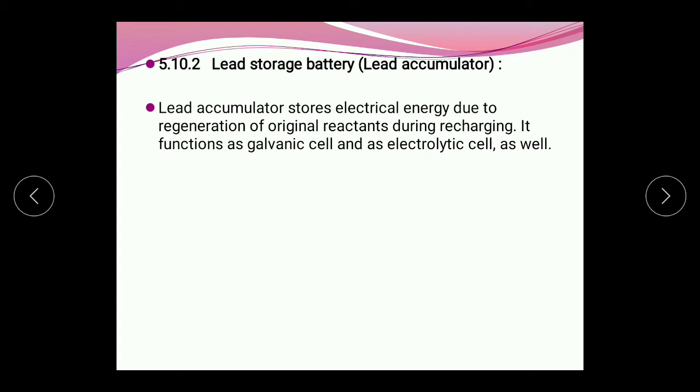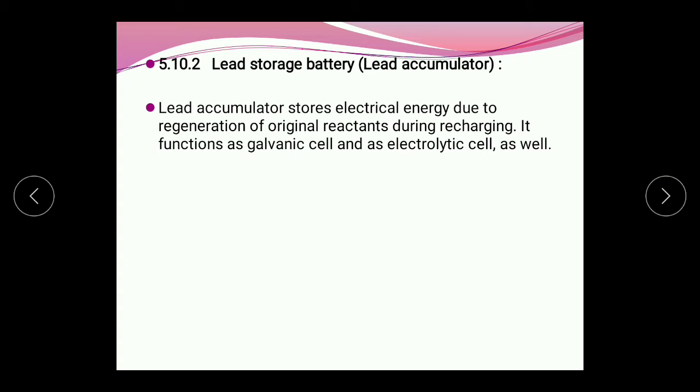Do you understand this? That means while discharging, that means while using. For example, we use lead storage battery in our automobiles or vehicles. So, in vehicles, when the vehicle is running, the battery is discharging. That means we are getting electrical energy from that battery.